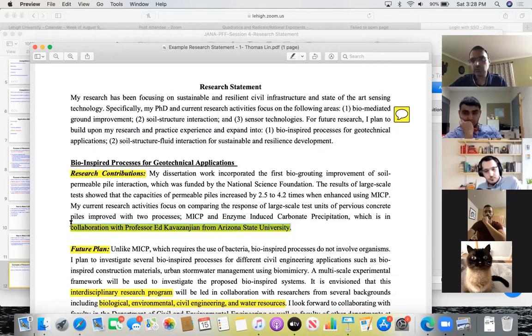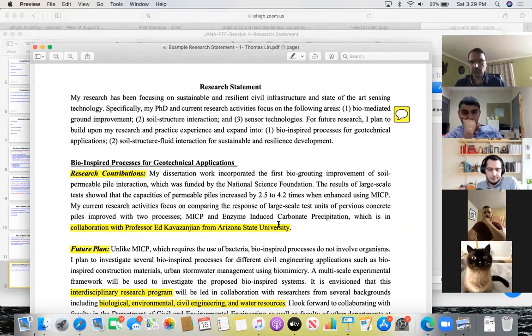The research that Thomas worked on was an NSF funded research project where I collaborated with Ed Kavazanjian from Arizona State University. We submitted the proposal together, it got funded, we did our part here at Lehigh, Ed and his students did their part at Arizona State, but at the end we also did one part in common, combining the 2 efforts, and that one large scale experiment was actually done here at Lehigh. So Thomas had good interaction with Ed Kavazanjian through that project.